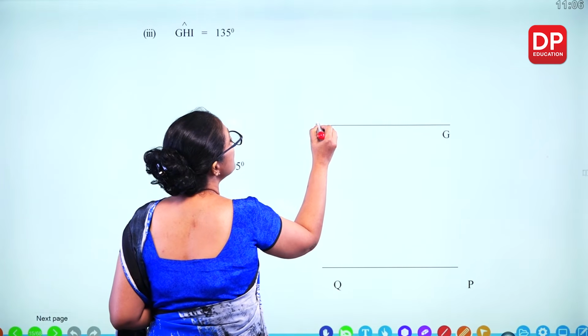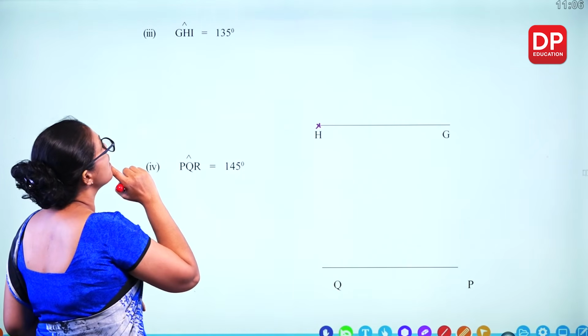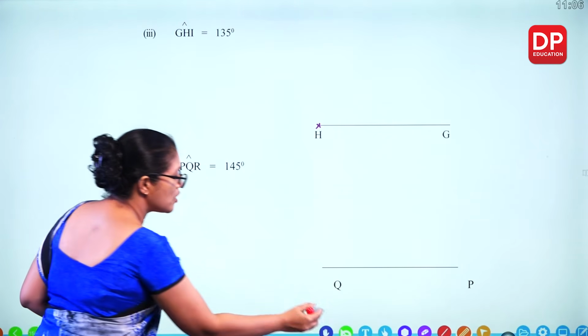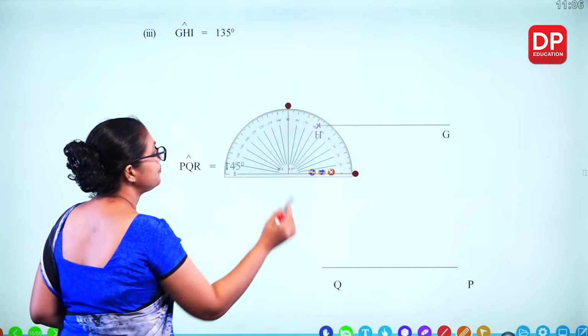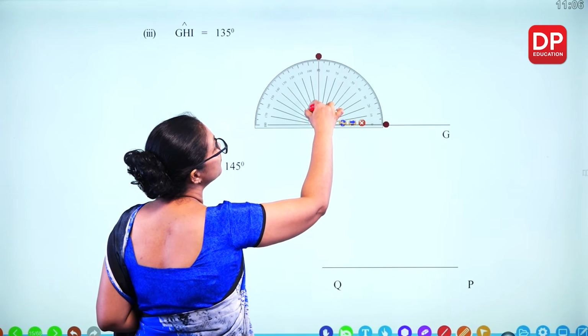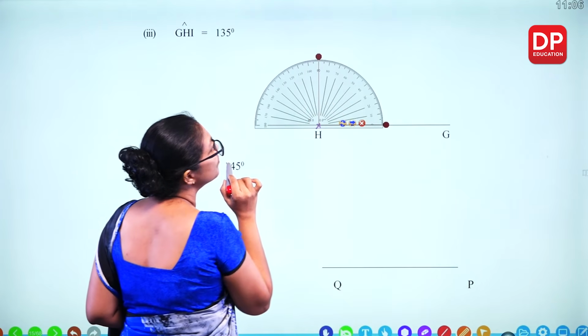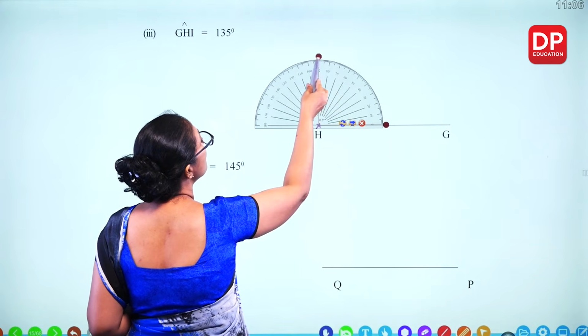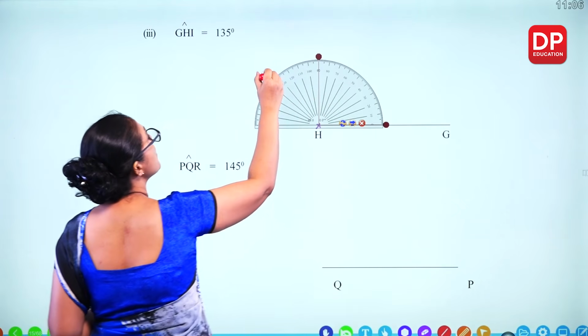GHI. So this is the point H. So to that point we need to draw 135. So take the protractor. Keep the origin on top of H. And then measure 135 anti-clockwise way.